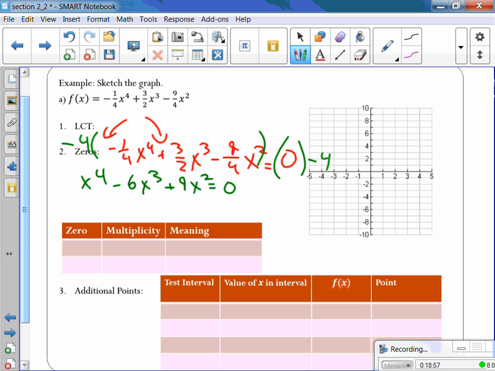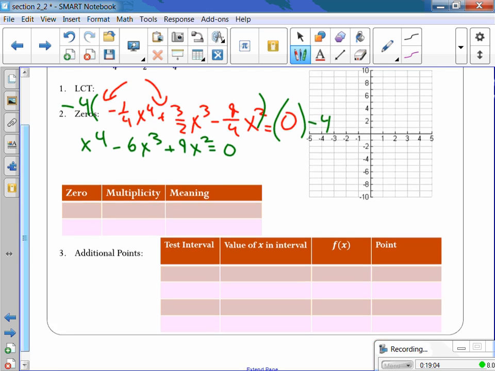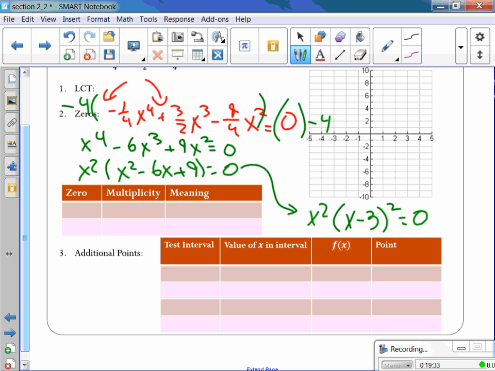Okay. Factor out what? X squared. Now we have a very complicated trinomial where we need the quadratic formula, right? Yes, exactly. No. So, Caden, what are my zeros?